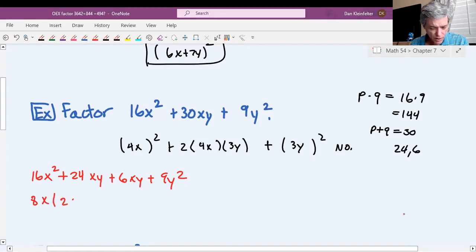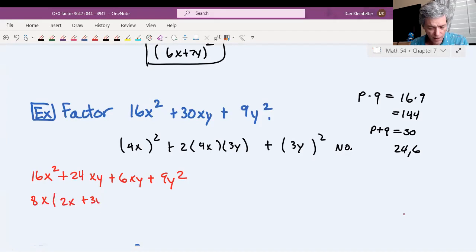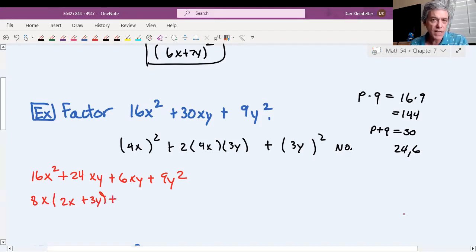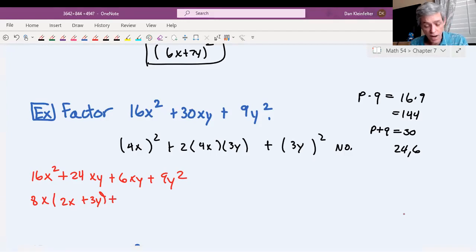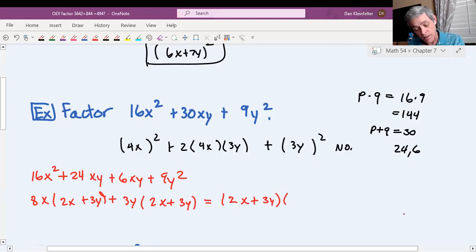This will leave us 2x plus 3y. And in the second part, we have 6xy plus 9y squared. We can take a 3y out. If we factor out 3y, this will leave us 2x plus 3y, which is what we needed. Factoring out the 2x plus 3y, that will leave us with 8x plus 3y.